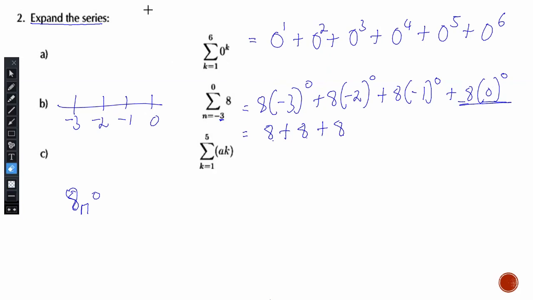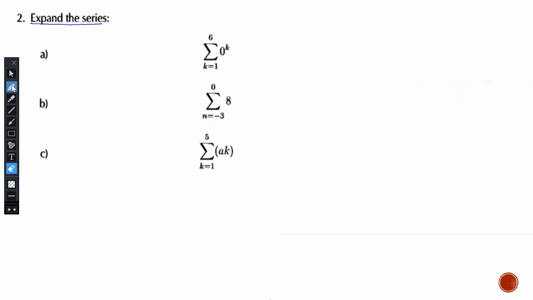We have C. We have sum of K is equals to 1, and then all the way to 5, and then we have AK, right?